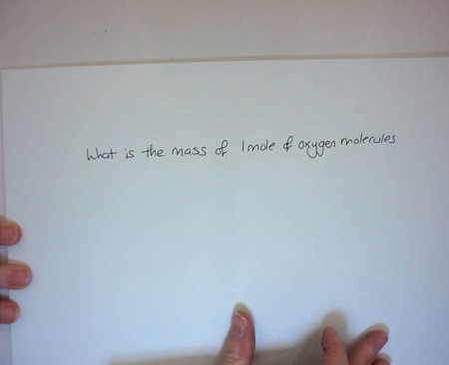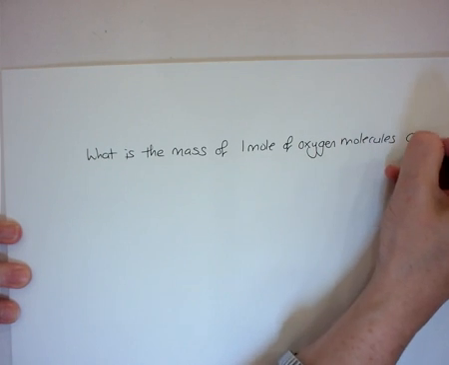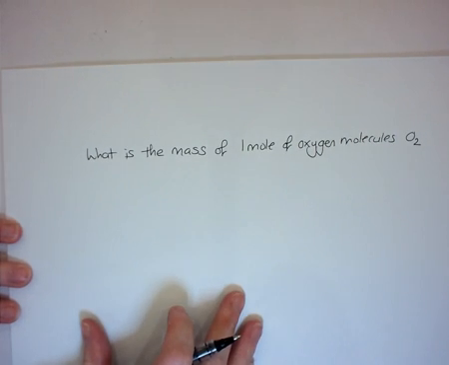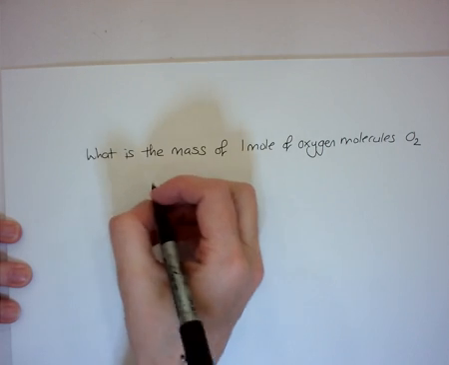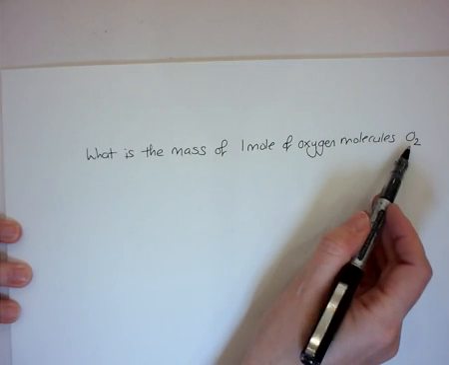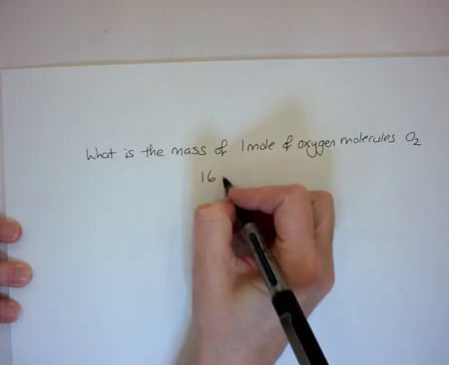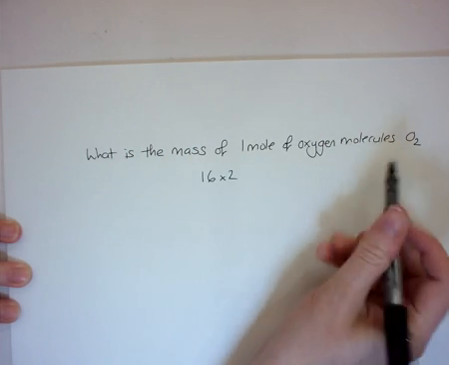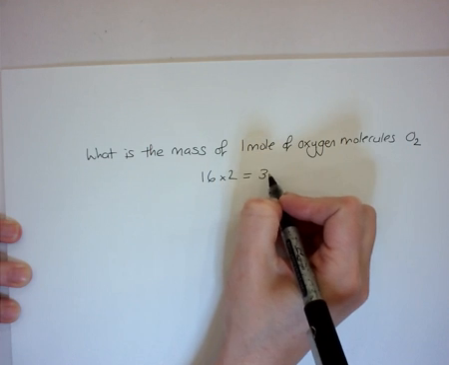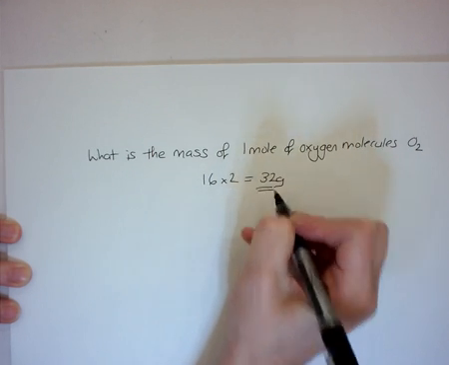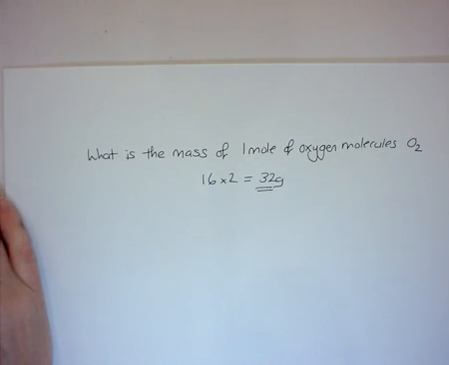Now remembering that an oxygen molecule is O2. If I had 1 oxygen atom, it would be 16, but I have 2 oxygen atoms, so the mass of 1 mole of oxygen is 32 grams.